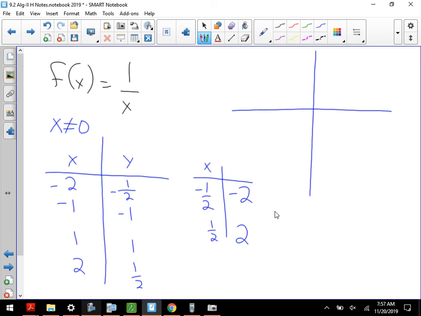You guys ever heard of a vertical asymptote? Okay. Vertical asymptote is where x equals 0, where your denominator equals 0. Your vertical asymptote, no matter what, will always be at whatever makes the denominator equal to 0. Here, our vertical asymptote is at 0.